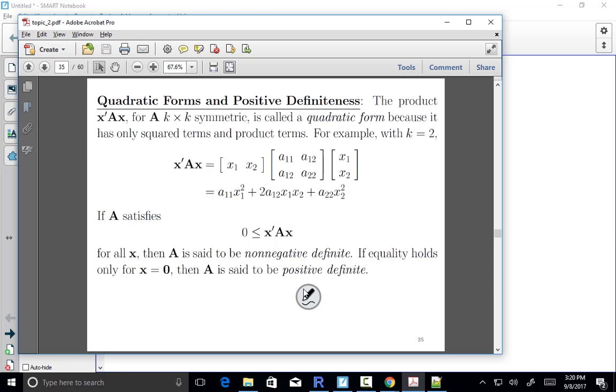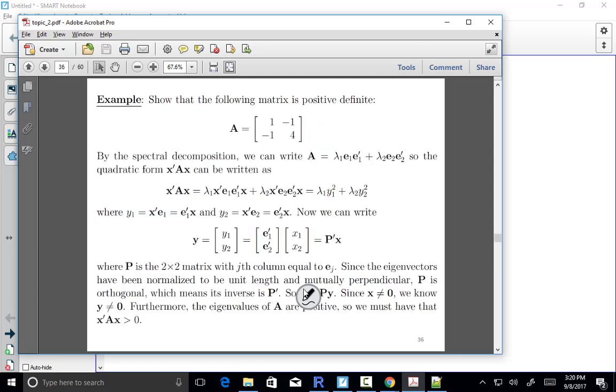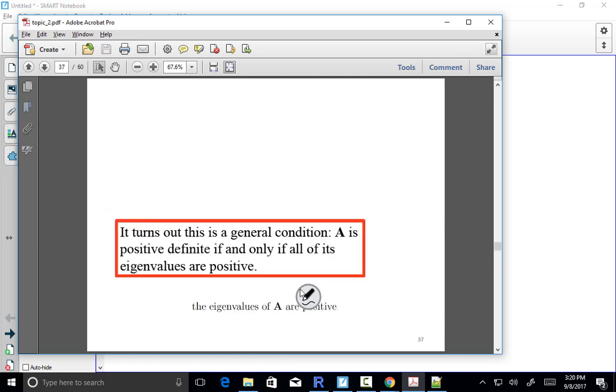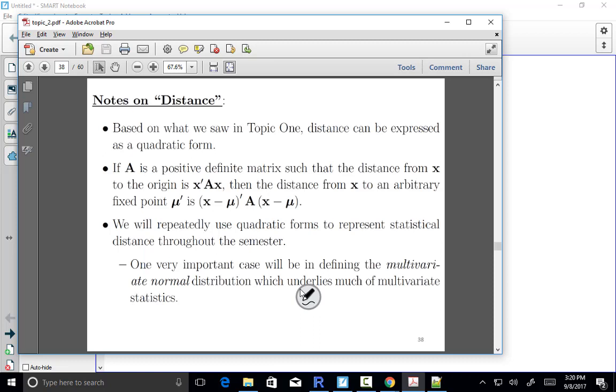So there's quadratic forms. Among quadratic forms, a special type is called positive definite. This essentially says what I was just saying a second ago about why we care about quadratic forms. It's related to distance. It's also related to the multivariate normal.